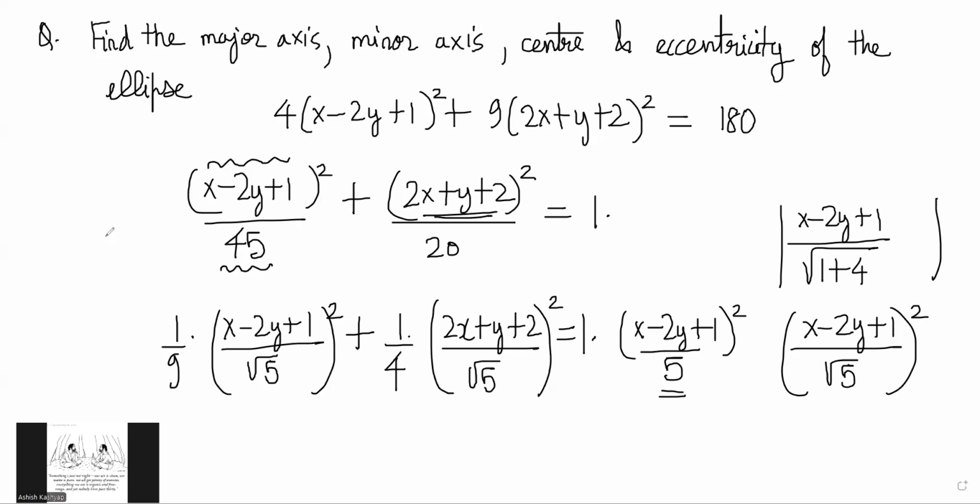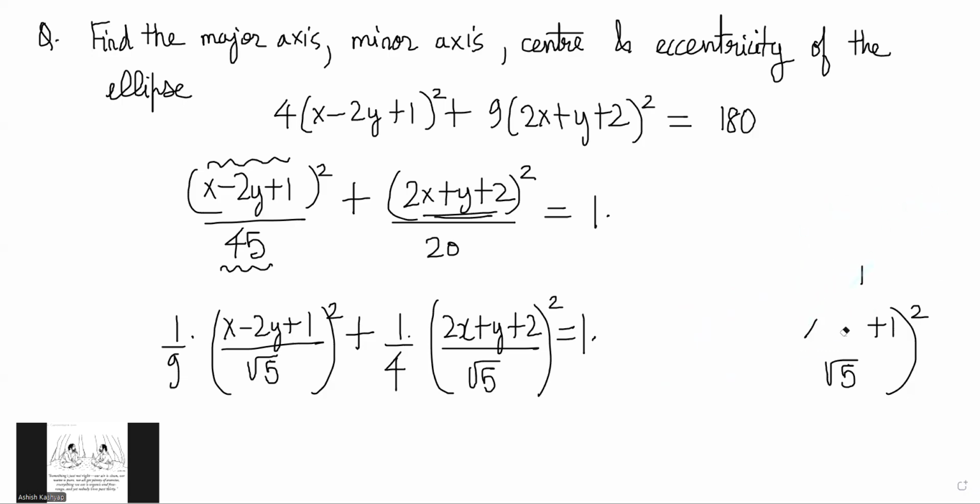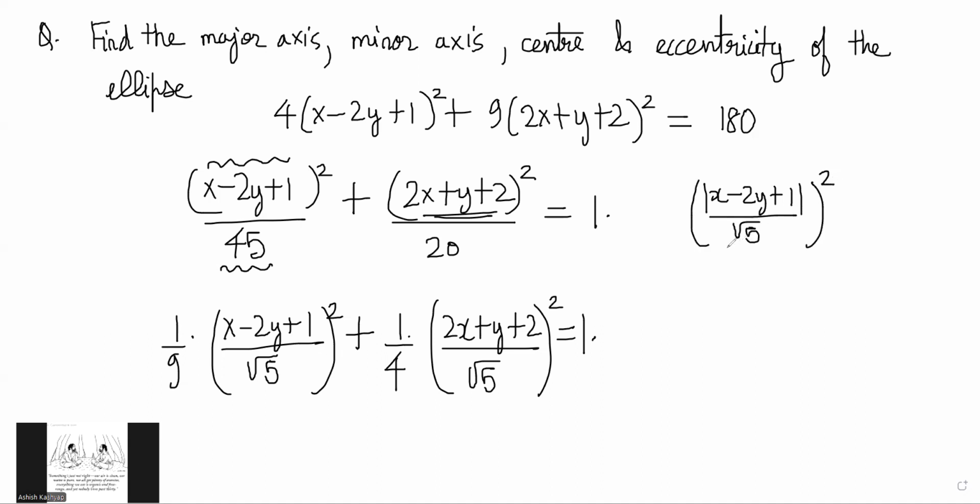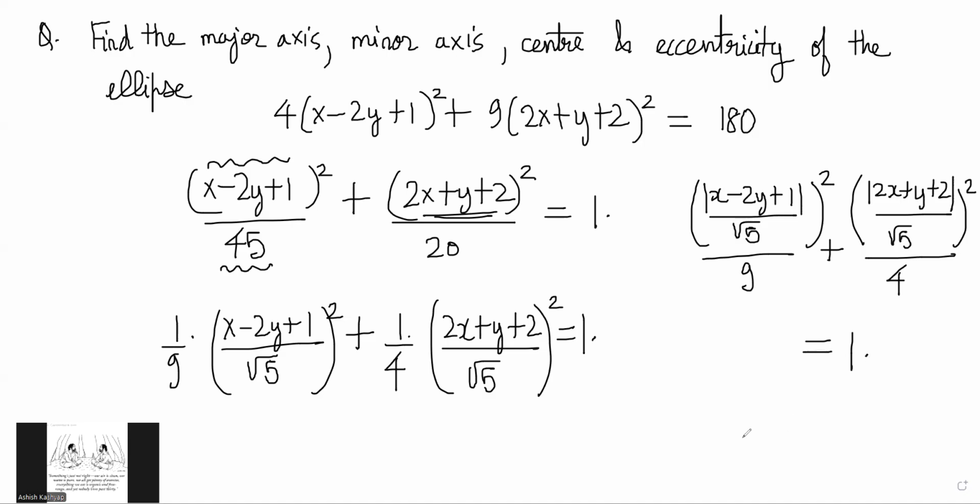So now we have discovered that this equation can be thought of as mod of (x minus 2y plus 1 by root 5) whole square by 9 plus mod of (2x plus y plus 2 by root 5) whole square by 4 equals 1, right?